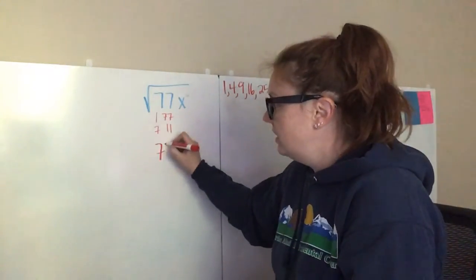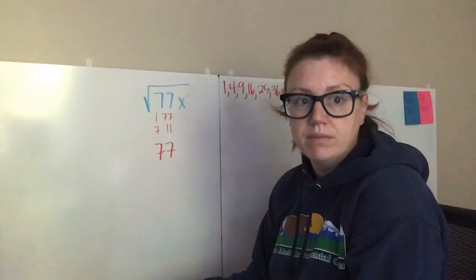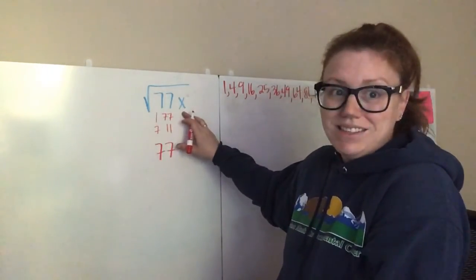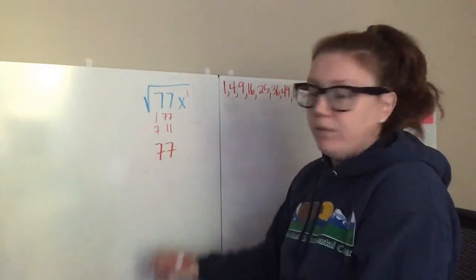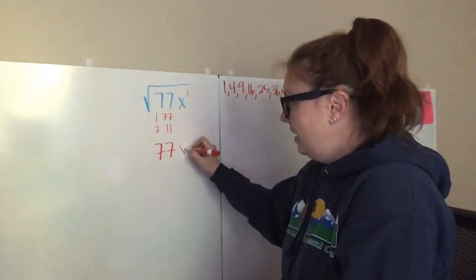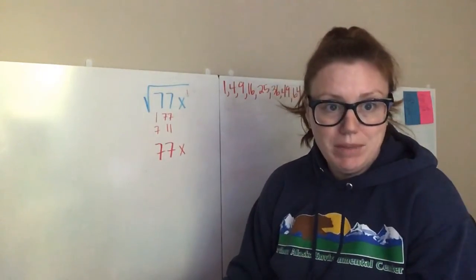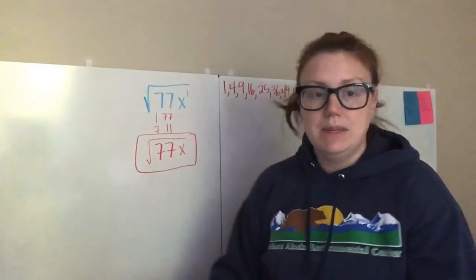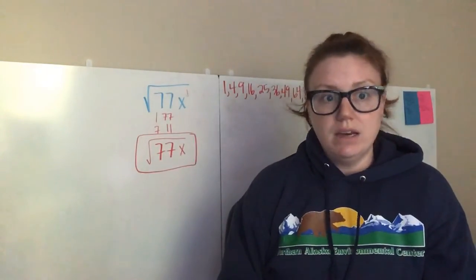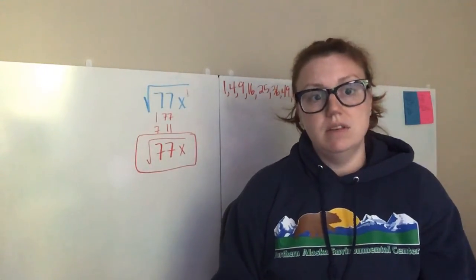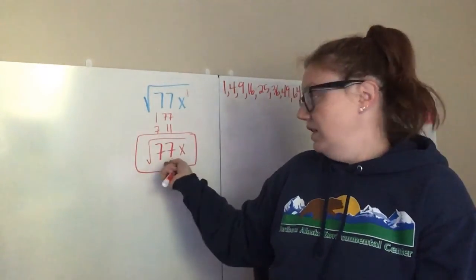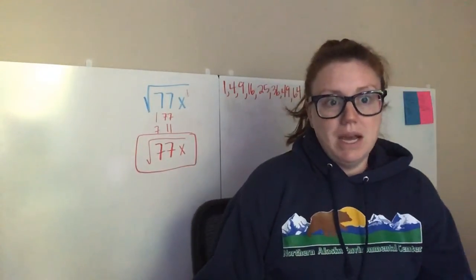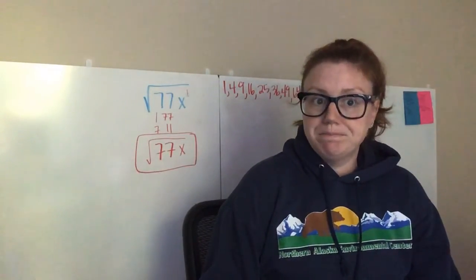So 77 is just going to say 77. There's no perfect breakdown. And x, it's an odd exponent of 1. So it just stays 1 because I can't subtract anything from it. And so my answer is just radical 77x because there are no perfect factors that we can factor out. There's no way to make this an even exponent by subtracting 1 because it is a value of 1.